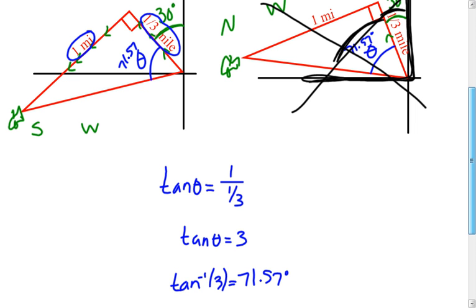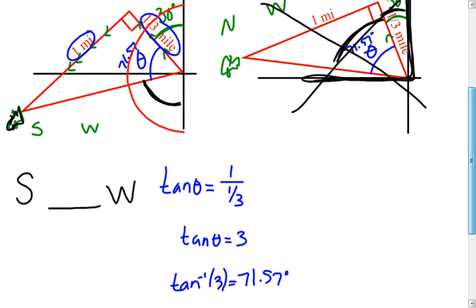So I'm going to go over here. So I know that the answer to this question is that the plane ends up down here. I know that it has a southwest bearing. And the angle that goes in here, again, is how far off of straight north or south you are. So the angle that goes in there is actually this angle right here. Okay? And I hope that you can picture that these three angles, 30 plus 71.57 plus this one I need to find, should add up to 180.